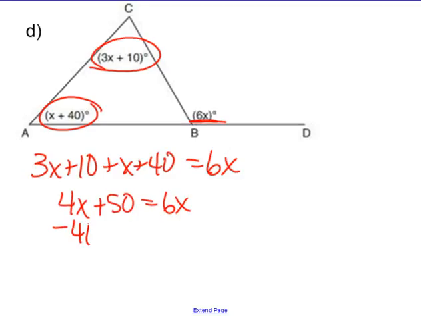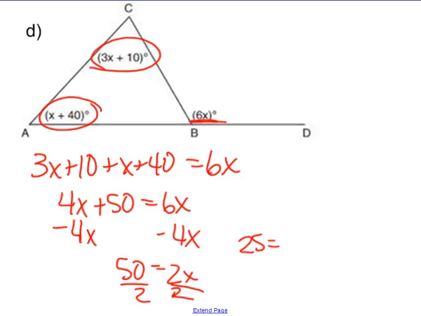I'm going to take 4x away. Oops, not 40x. 4x minus 4x. 50 equals 2x. So divide by 2, divide by 2, and we have 25 equals x.